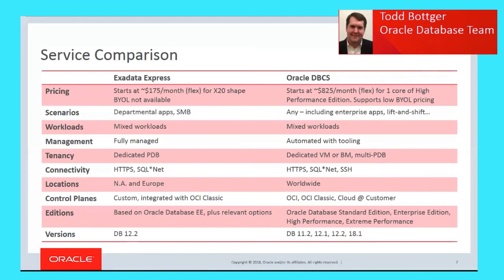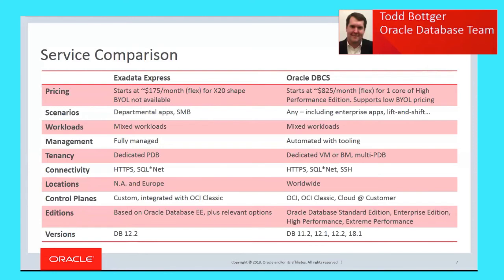It scales up as you buy additional cores. It also scales up as you go up in the package that you get. The EE options are put together in packages. So if you go up to the Extreme Performance Edition, you get additional things, but it's also a little more expensive. So it starts around $825 a month, scales up with cores and packages of features.